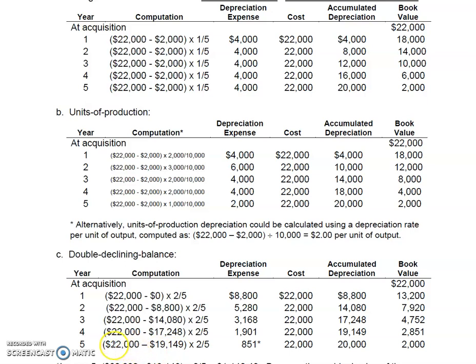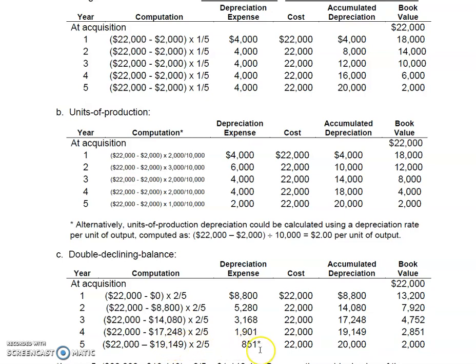Our residual value is $2,000, so depreciable cost is $20,000. We cannot depreciate this below the $2,000 residual value. So we can take our $20,000 depreciable cost, subtract accumulated depreciation, and that would give us $851 of remaining depreciation we can take.